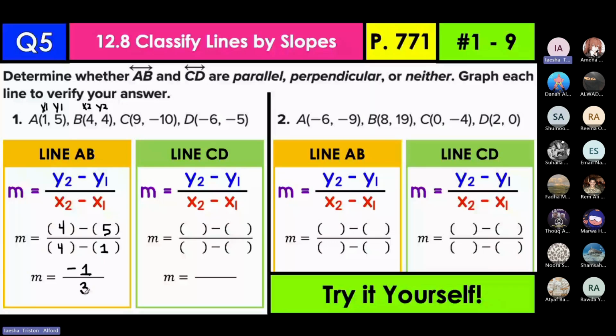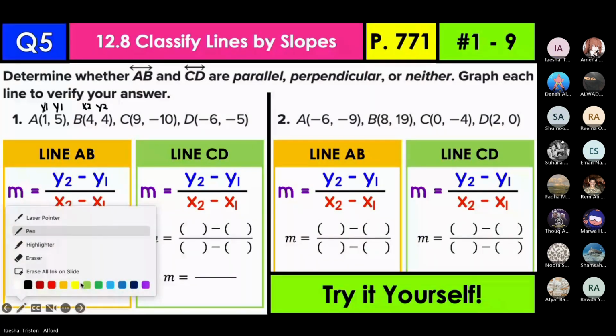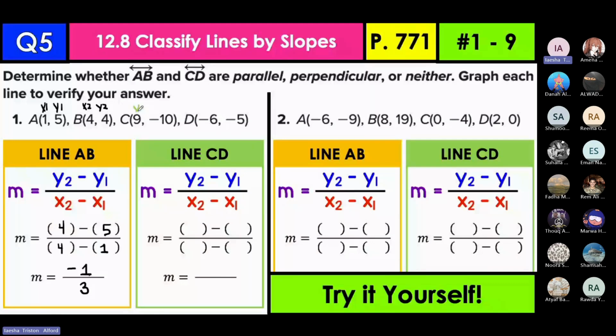Somebody check it, please. For line CD, x1, y1, x2, y2. y2 is -5. y1 is -10. x2 is -6. And x1 is +9.